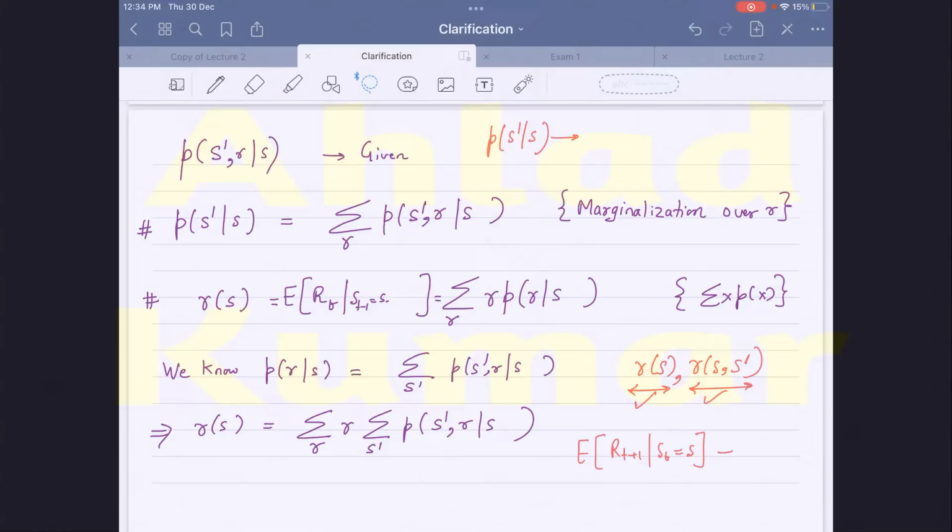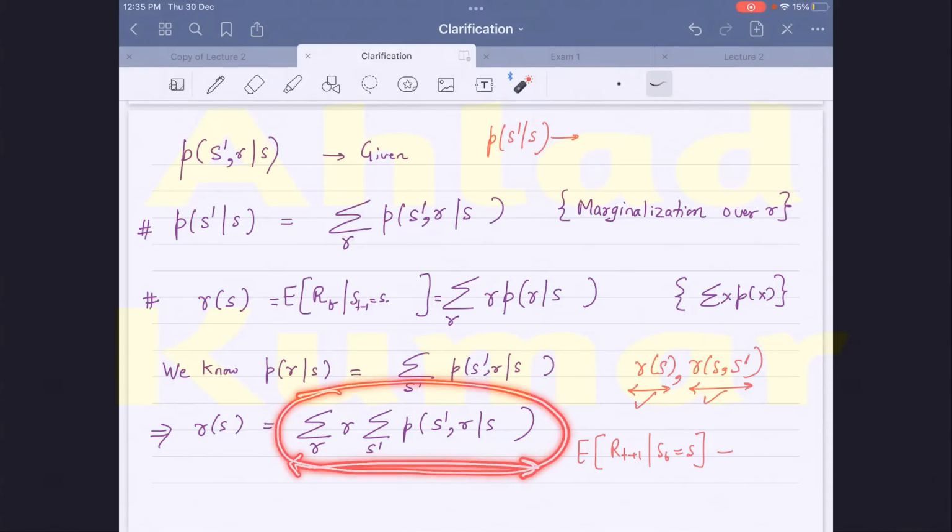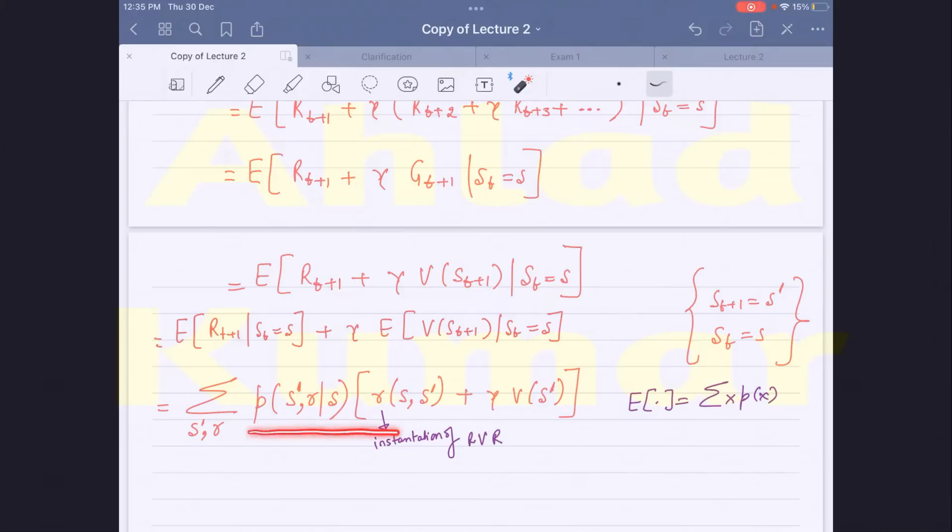So you can see now both the equations are the same, the only difference is that here it is R t and here it is t plus 1 and here it is t minus 1 and here it is S t. So you can increment t by t plus 1 and you will get the same expressions. So whatever is written over here will be applicable here also, for these two terms.